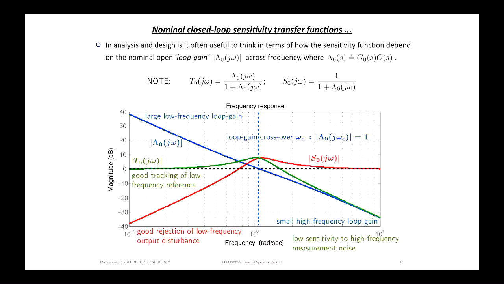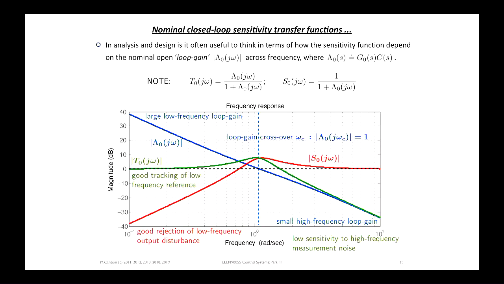Now it's very easy to make lambda large at frequencies where we need it to be large, typically low frequencies. It's very easy to make lambda small at frequencies where we want the complementary sensitivity function to be small, typically high frequencies. The main challenge in control system design is what to do in the middle here.